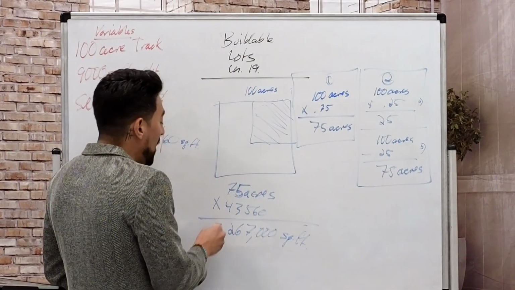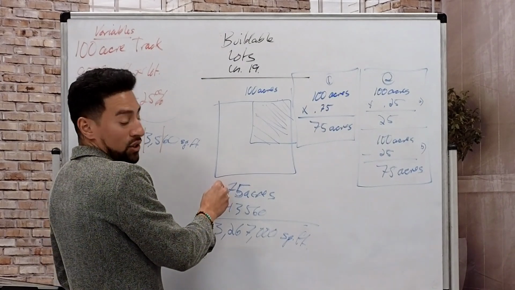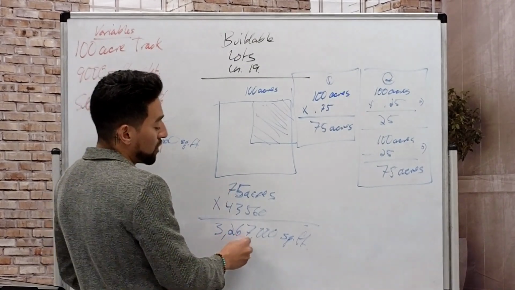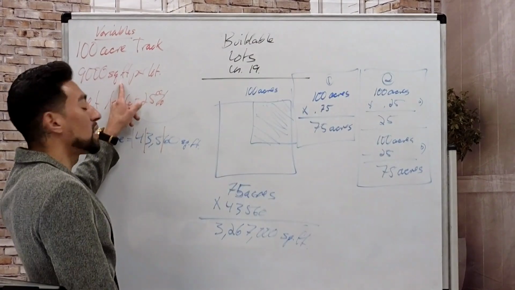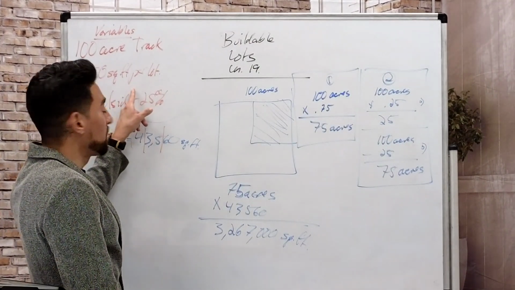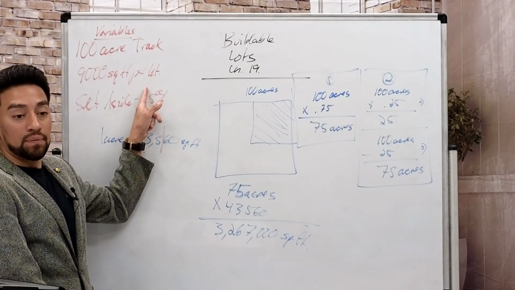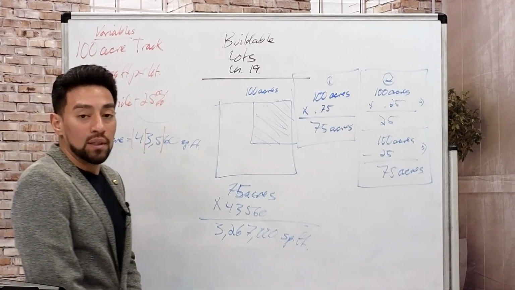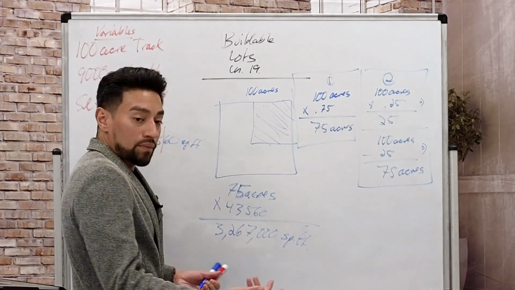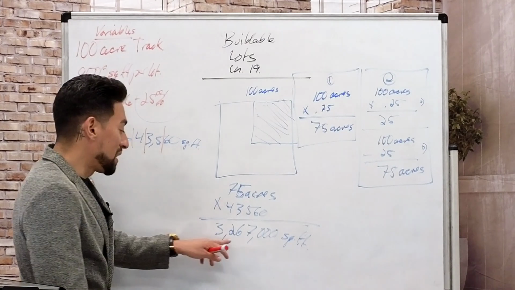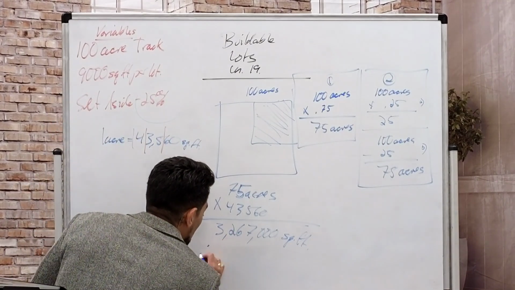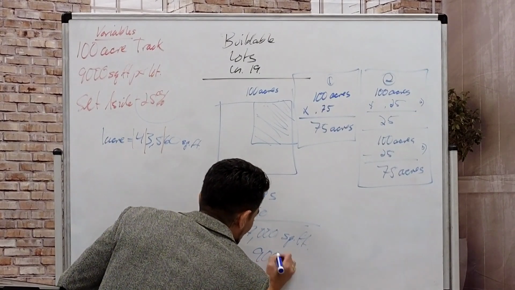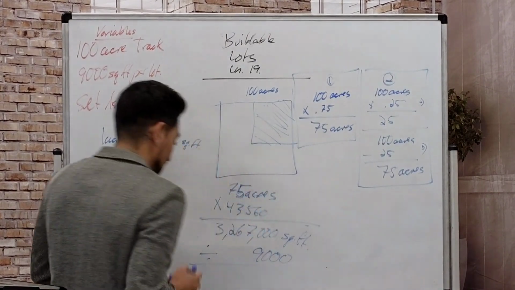Okay? So now that we know that 75 acres is 3,267,000 square feet, the problem is telling us that one lot in itself has to be 9,000. The smallest amount. Okay, so now what do I do? I take my 3,267,000 and divide it by 9,000, which will be one lot.